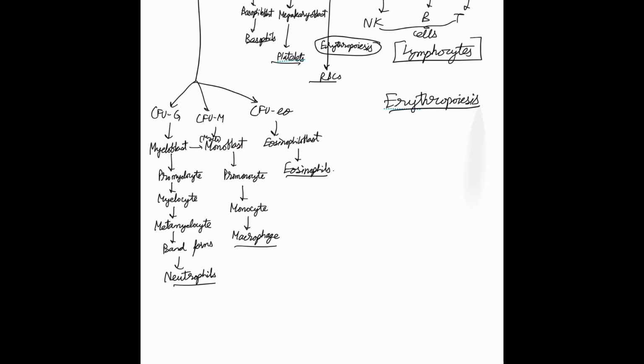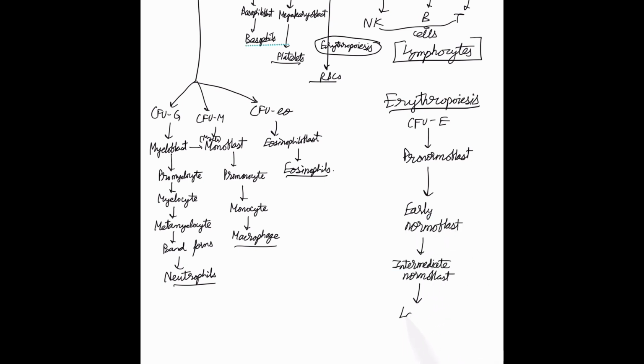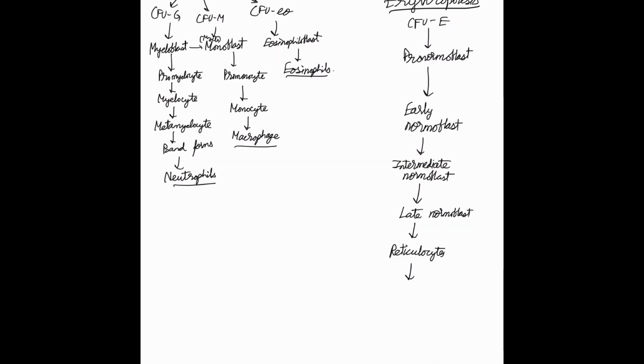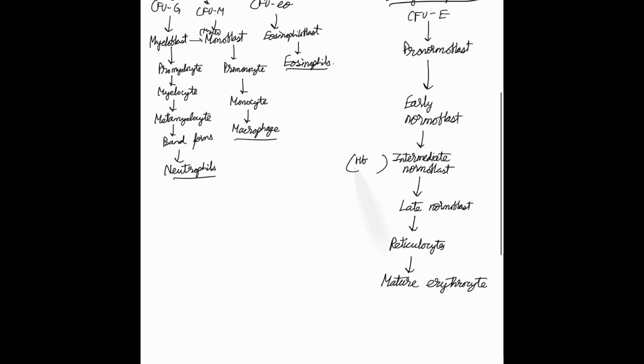Now let's look at erythropoiesis in detail. We have colony-forming unit erythrocyte, which differentiates into pronormoblast, which differentiates into an early normoblast, then an intermediate normoblast, then a late normoblast, which finally differentiates into reticulocytes, which give rise to mature erythrocytes. Now what you should know is hemoglobin synthesis starts in the intermediate normoblast, and the pronormoblast is basophilic with 2 to 3 nucleoli.